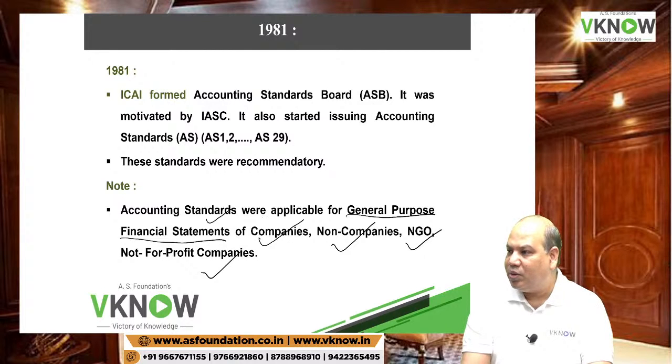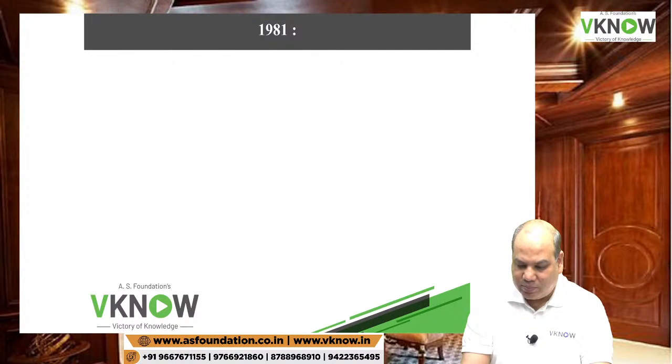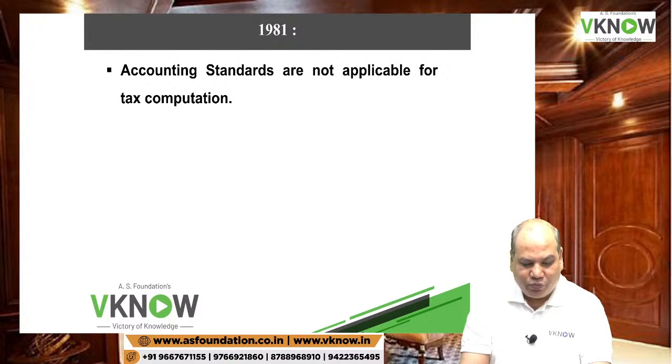You have studied about not-for-profit companies. Under the Companies Act, what is the section number for not-for-profit companies? Section 25 was, I think, under the Companies Act 1956. Now it is Section 8. Is it right?